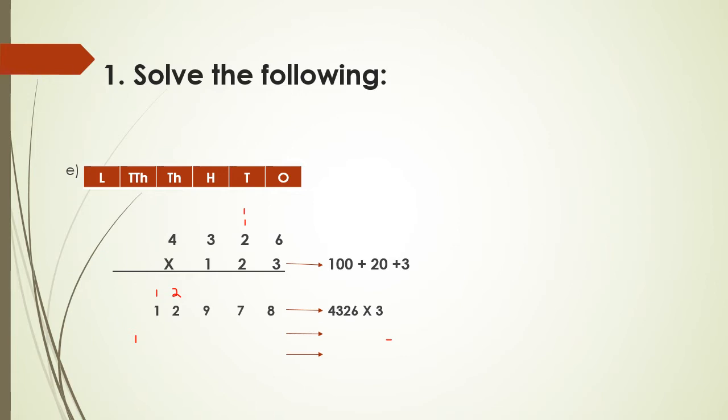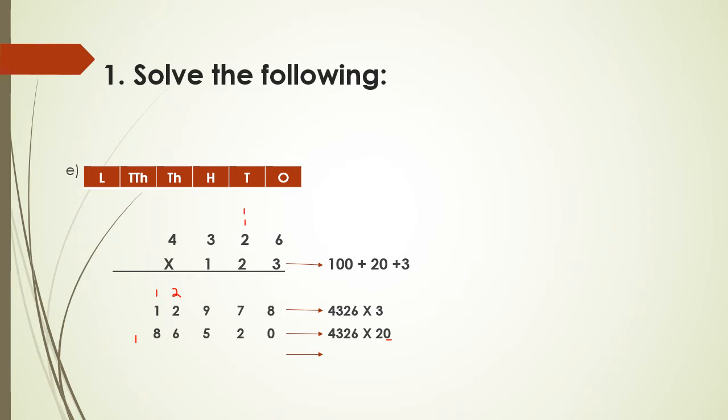So when you multiply, in ones place we will write 0 because it is in tens place. Then after that you have to multiply by the number 2.